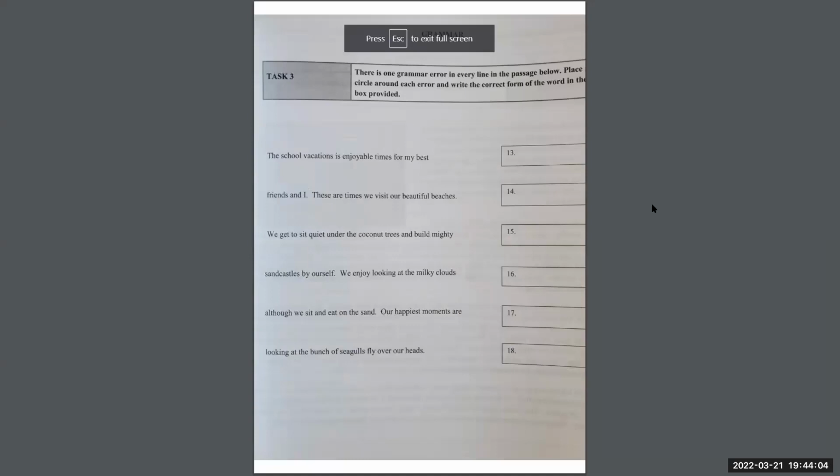Okay, so let's look at this one. But first, read the entire paragraph. It's a good practice, right?